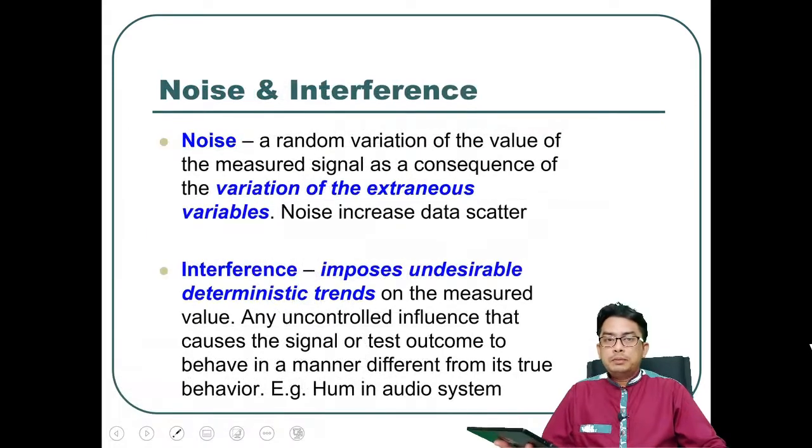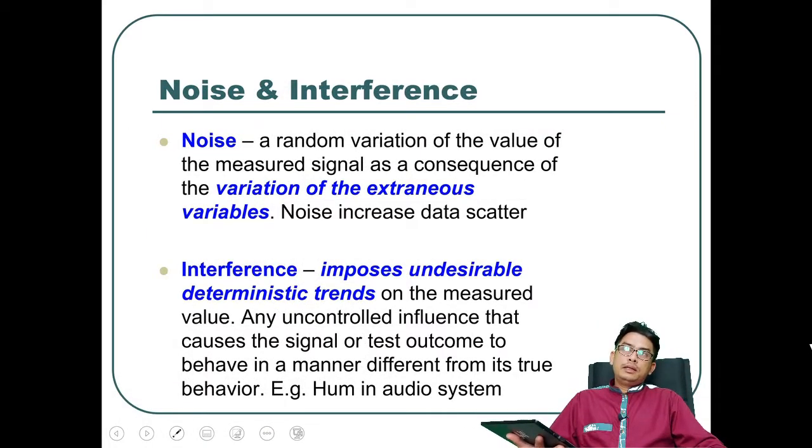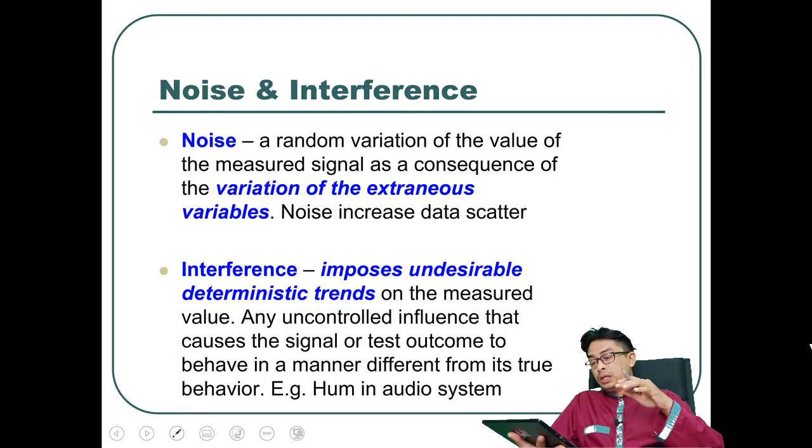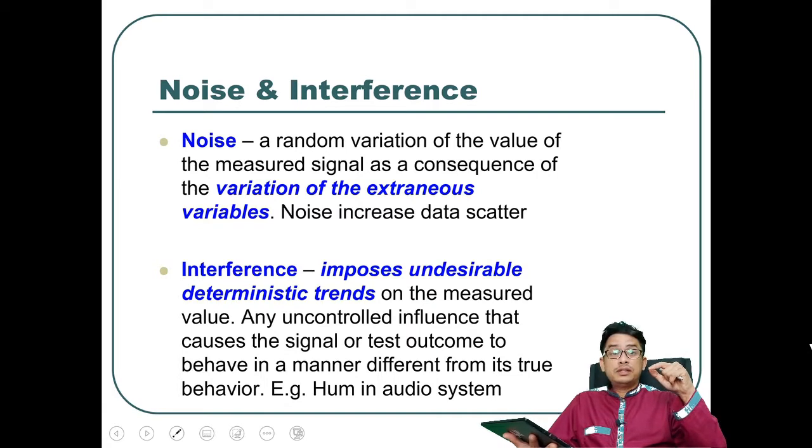Okay, the next term that is very important in measurement is noise and interference. I have mentioned noise a few times, and I also mentioned interference. So what is noise and what is interference? What is the difference between noise and interference? Noise is a random variation of the value of the measured signal as a consequence of variations of the extraneous variables.